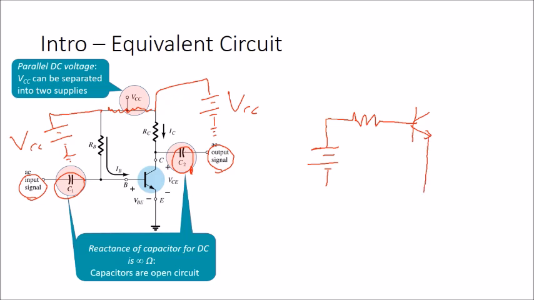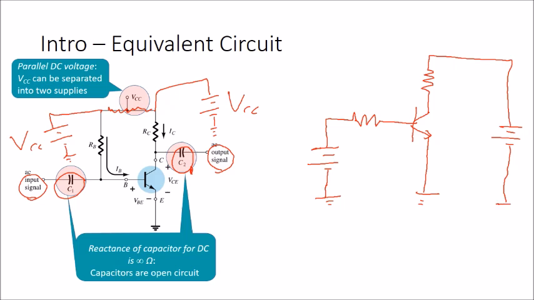Forgot to mention, this one is also connected to the ground. Then from the C terminal, it connects to RC, and from the RC it connects to the VCC again. We have the VCC, and from the other end it connects to the ground.